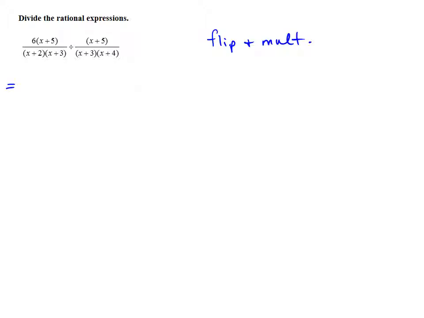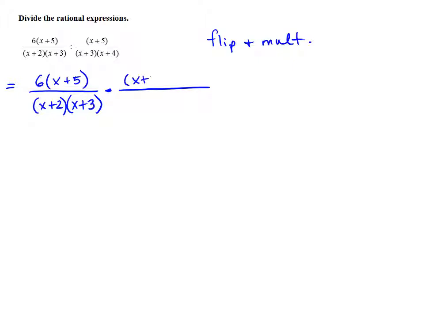So rewriting this problem, we would have the first fraction as is, 6 times x plus 5, all over x plus 2 times x plus 3, and we'd multiply that by the flip of the second fraction. So now x plus 3 is going to be in my numerator, along with x plus 4, and then in the denominator I'm going to have x plus 5.